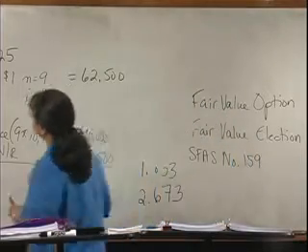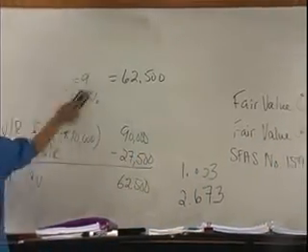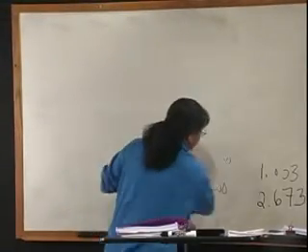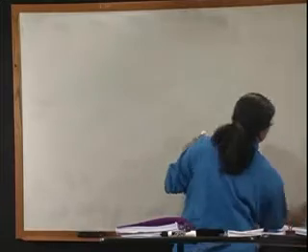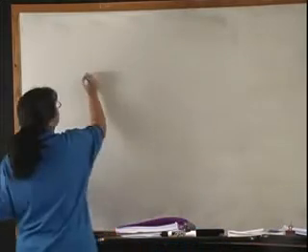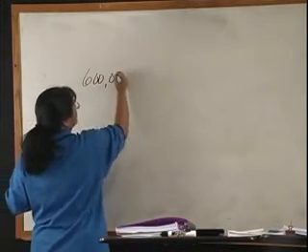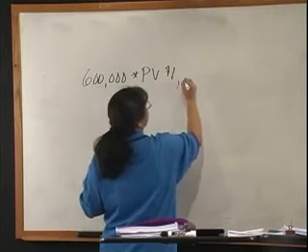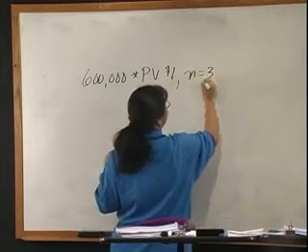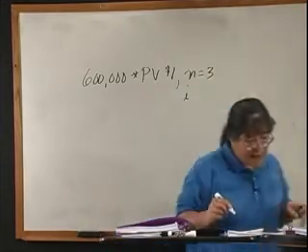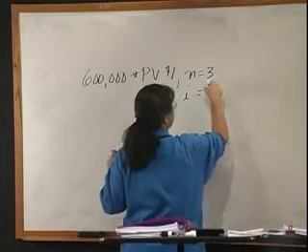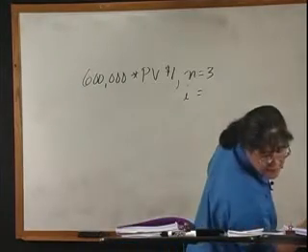So the way I'm going to calculate this would be to take the $600,000, multiply that by the present value of $1, where the number of periods is 3 and the interest rate is going to be how many? 3 periods and the interest rate is 10%.